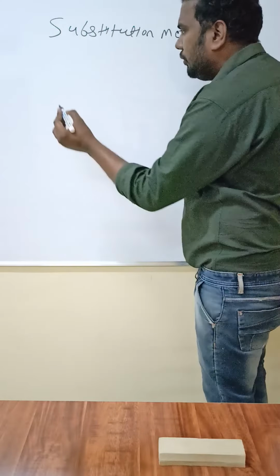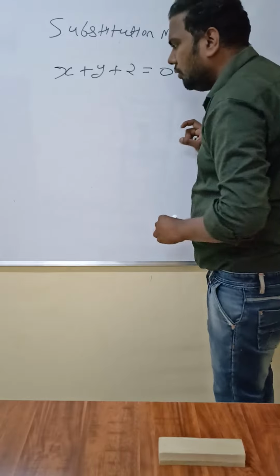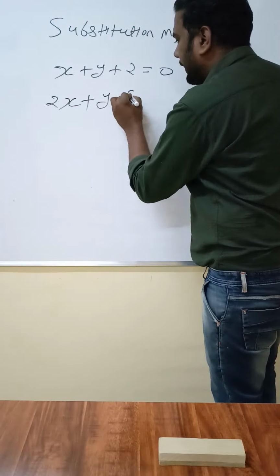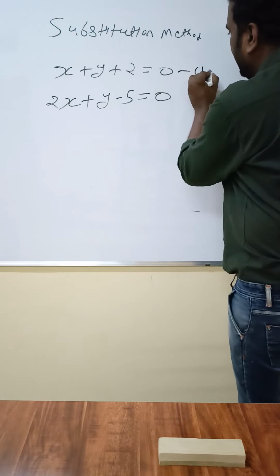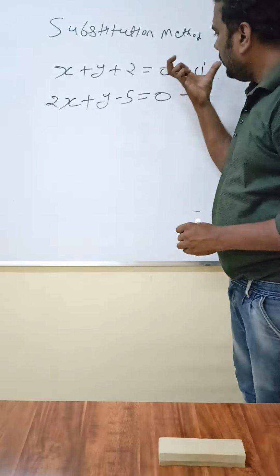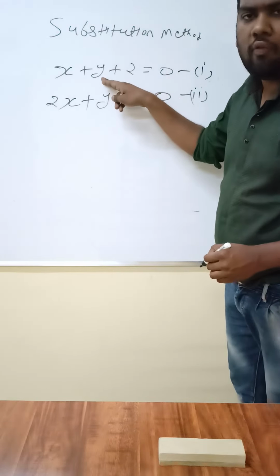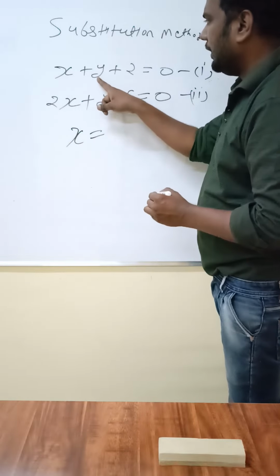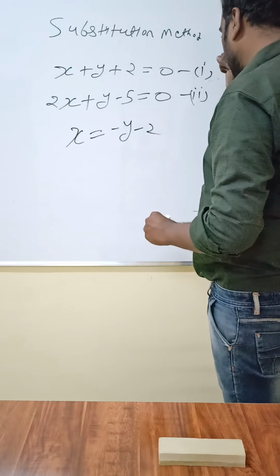Students, suppose we have two equations, x plus y plus 2 equal to 0 and 2x plus y minus 5 equal to 0. So students, this is equation 1 and this is equation 2. So with the help of equation 1, we have to find the value of x. So the value of x, plus y is shifted to this side, is minus y minus 2.